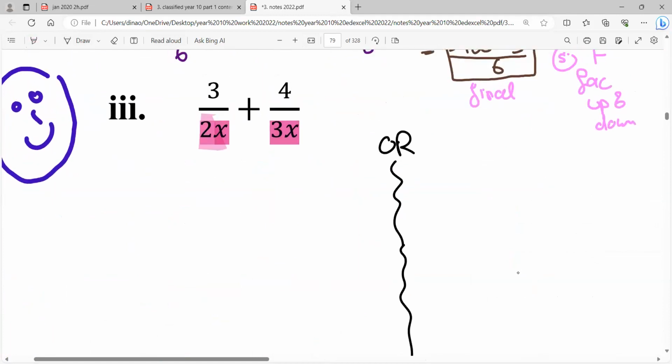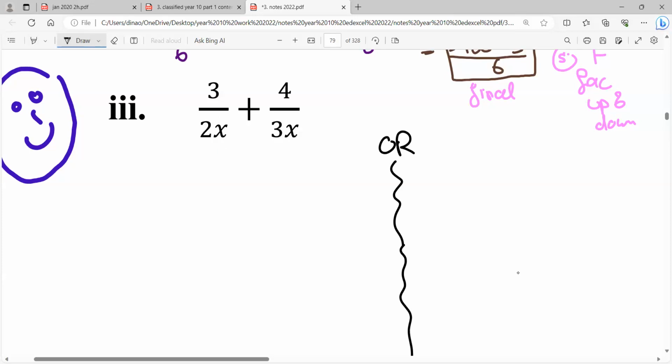Now by comparing these two denominators you will find that this denominator is a number multiplied by x, and here too is a number multiplied by x. I don't need to change the x because it's the same in both fractions. I just need to work on the numbers only. So I will just change the numbers, the 2 and the 3.